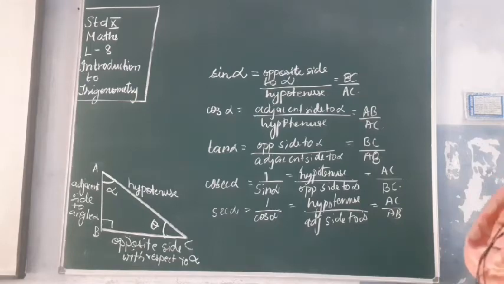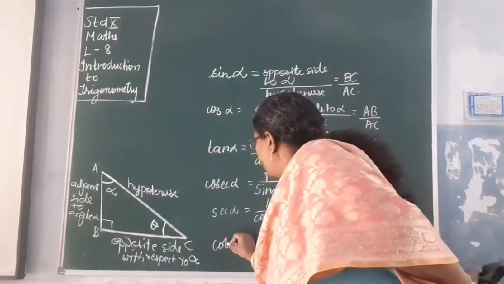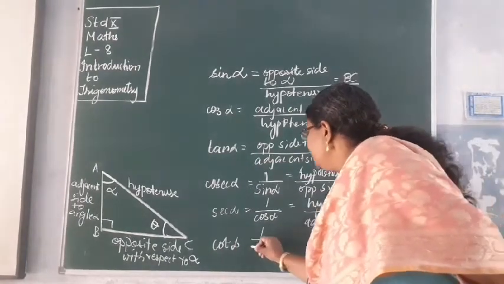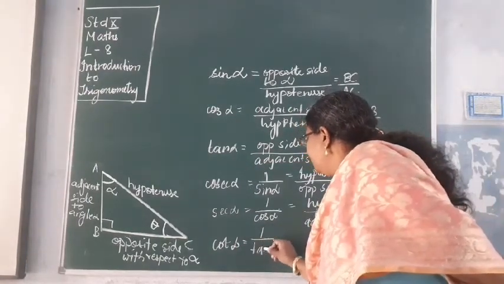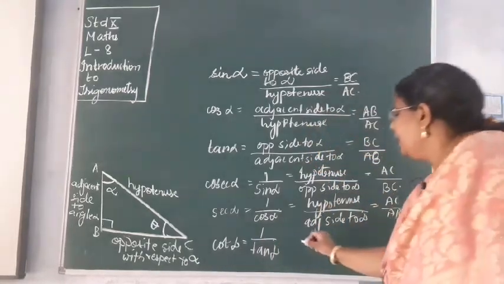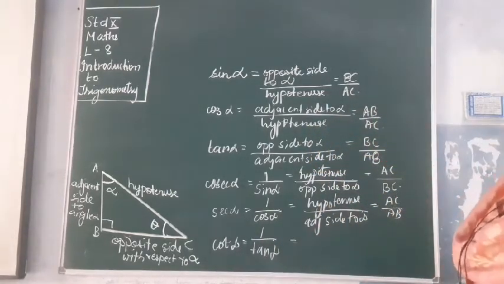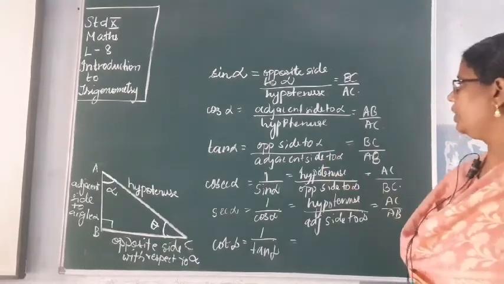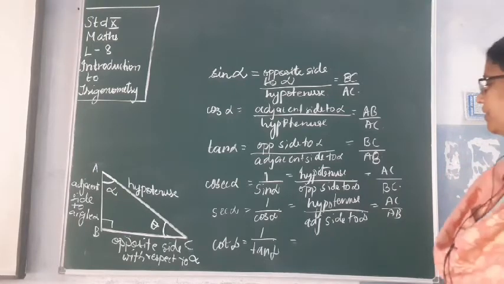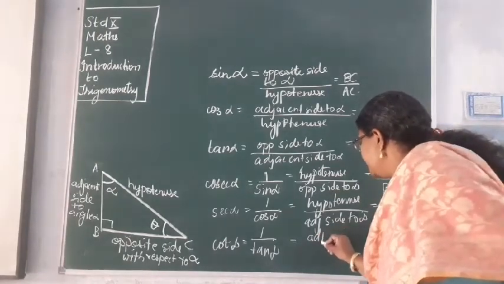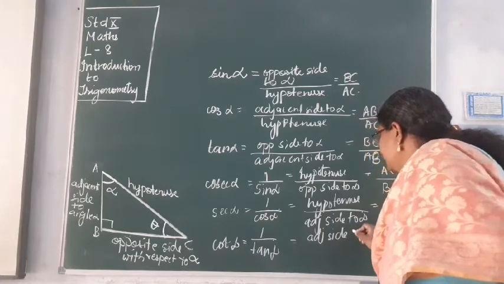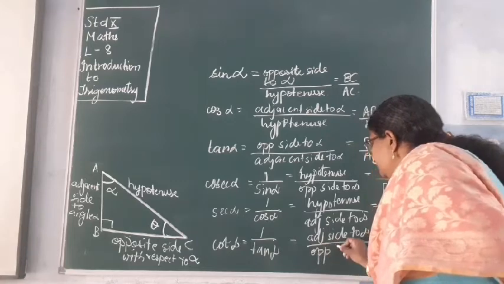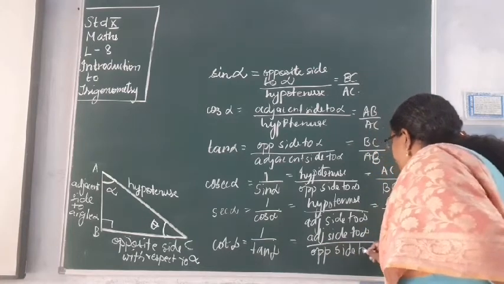Then what is remaining? Cot alpha, or cotangent alpha, that is actually equal to 1 by tan alpha. And tan alpha is what? Tan alpha will be opposite upon adjacent, so with the inverse it becomes adjacent side to alpha upon opposite side to alpha.